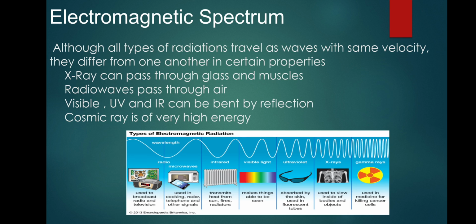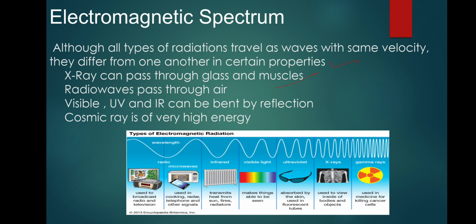If you take all these radiations, they travel with the same velocity, but their properties will be different. Okay, for example, X-ray can pass through glass and muscles, but white light cannot pass through muscle, or glass it can pass, but muscle it can't pass. Then radio waves can pass easily through the air, it can pass fast. That is why we make use of radio waves only for transmission of radio, television and all.